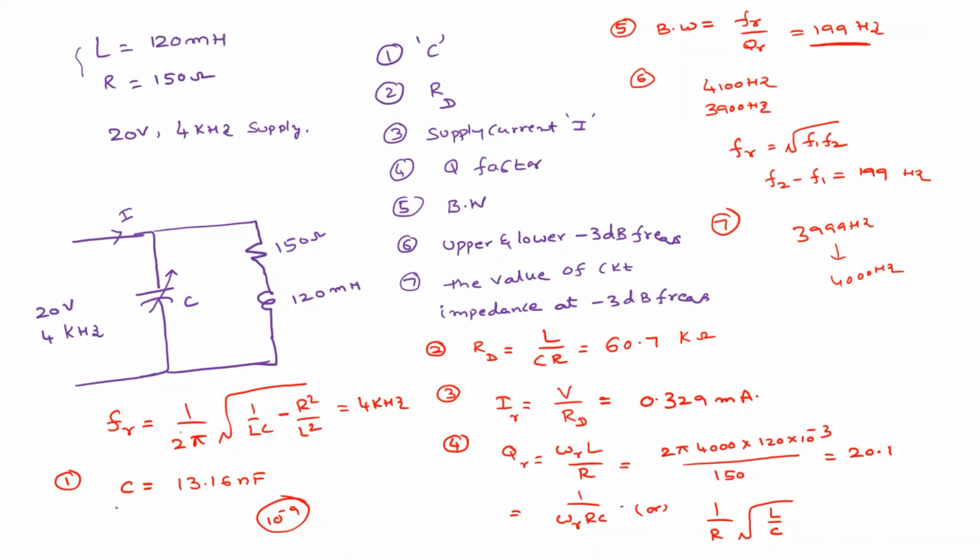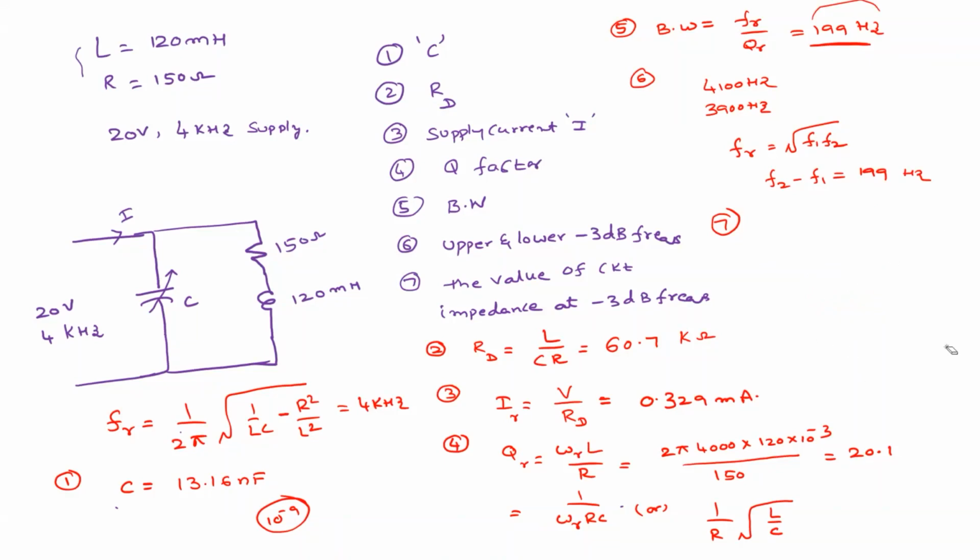No, sir, calculation-wise also the values have come like 4100.735 and 3900.735. Okay, so you will not get 3999. This is absolutely wrong, because the resonant frequency itself is 4000. So just try to solve it correctly.